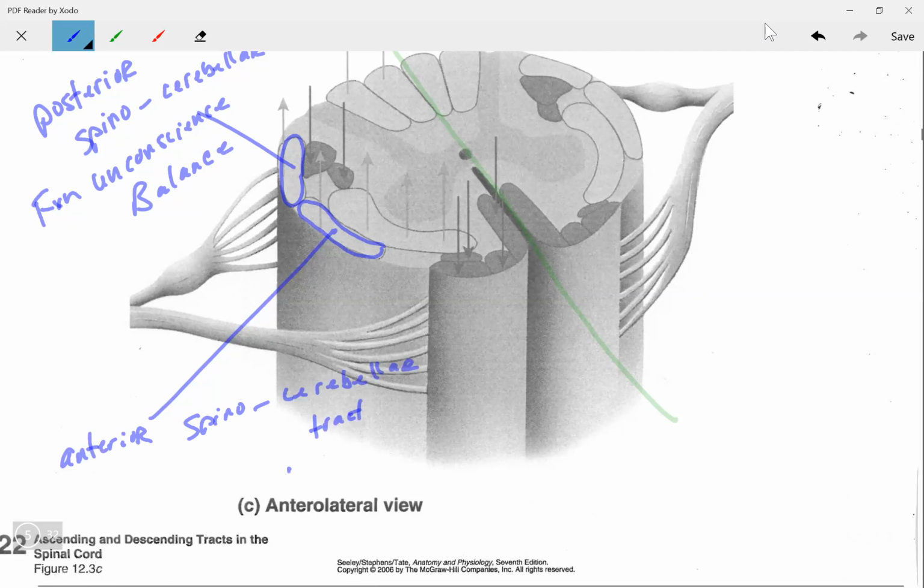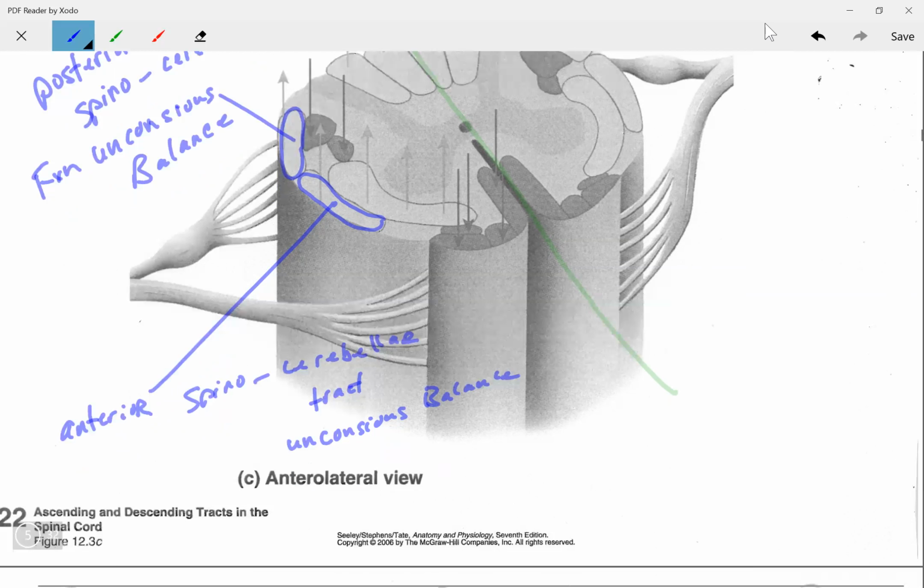And it's also unconscious balance. Anterior spinocerebellar tract. Okay, located on the anterior lateral part of the cross section of the spinal cord.